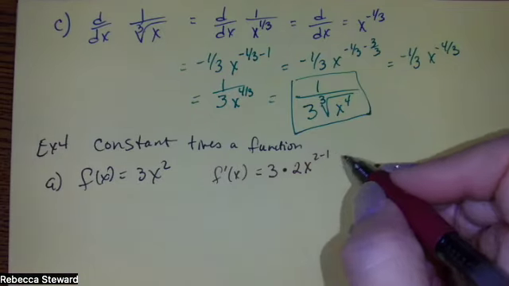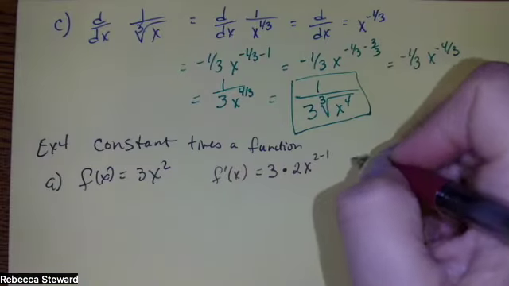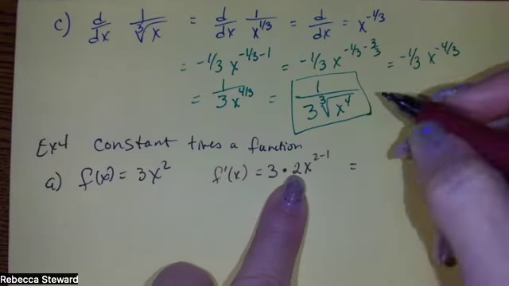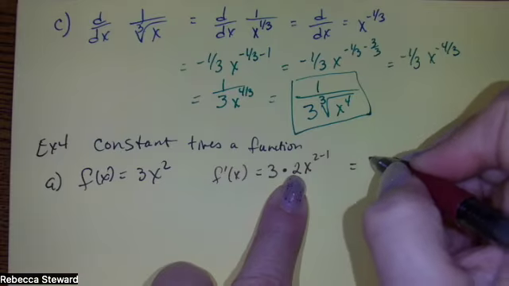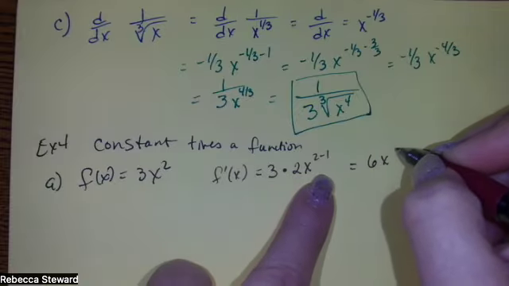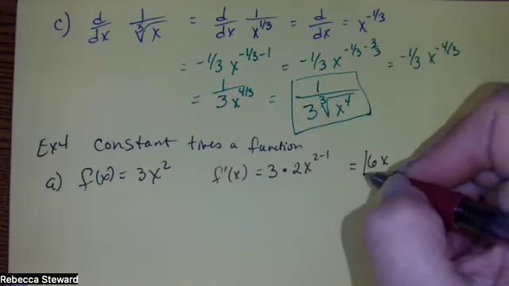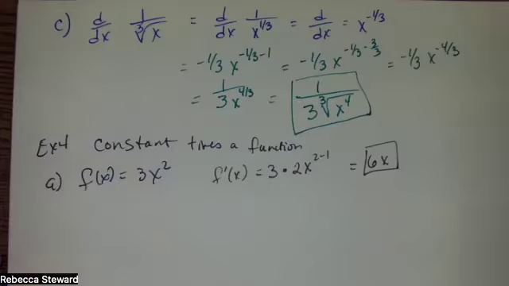We won't always write these because we're going to eventually get the hang of this. So that gets us 3 times 2 would be 6x. And 2 minus 1 just gets us an exponent of 1.